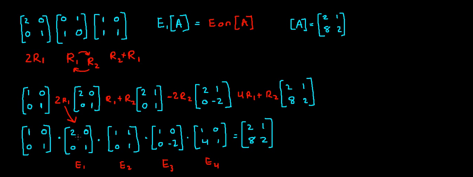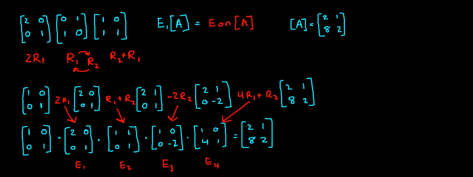This is the elementary matrix that would represent that. The next step, row 1 plus row 2. Took this row, added it here. This is elementary matrix 2. Second step, minus 2 times row 2. Here's an elementary matrix for that. And the last step, 4 times row 1 plus row 2. Here's a 4. And that is also an elementary matrix representation of this operation.